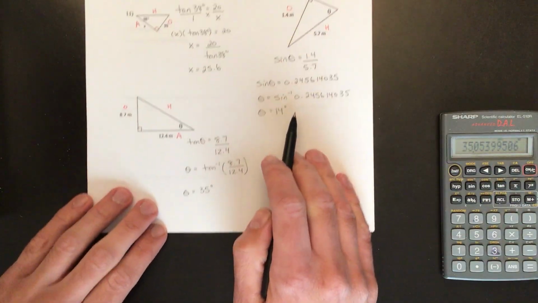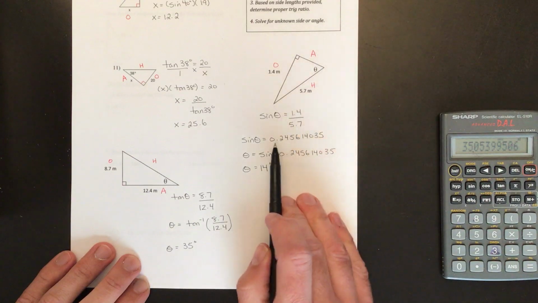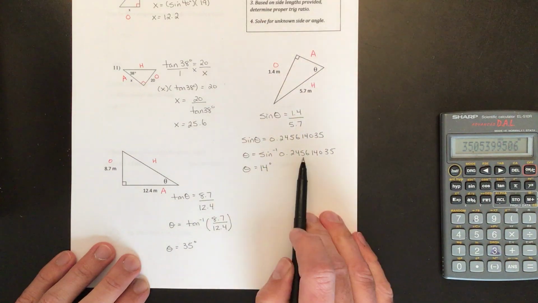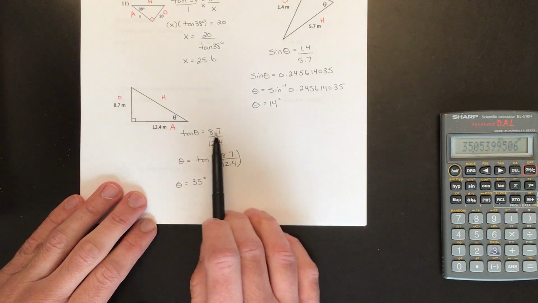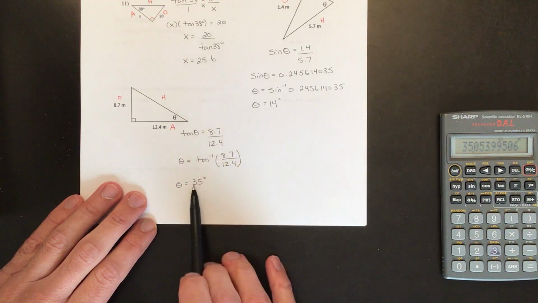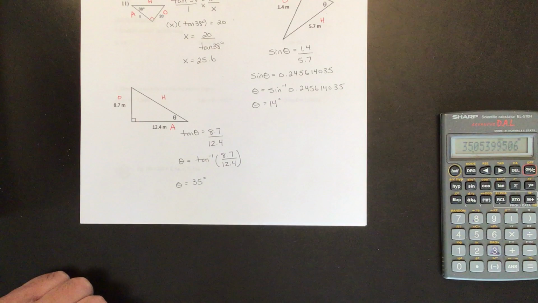So rather than doing this, dividing and getting this huge decimal and then doing the sine inverse, we're now just going to do it in one step, right? The tan inverse of whatever that fraction is, and it takes us right to our angle.